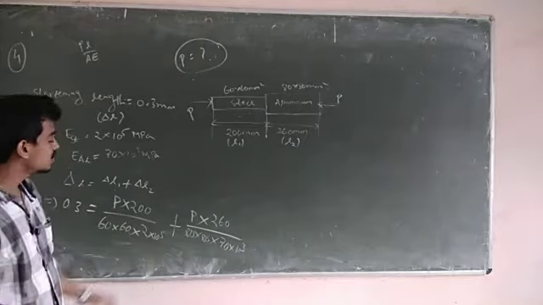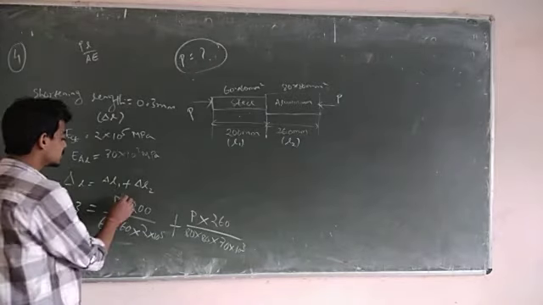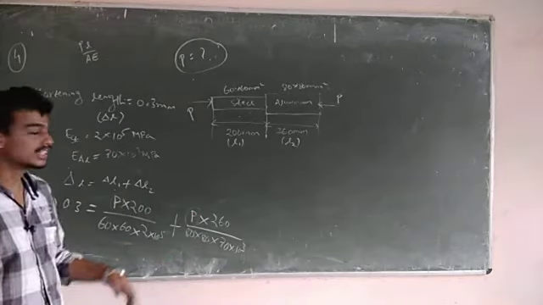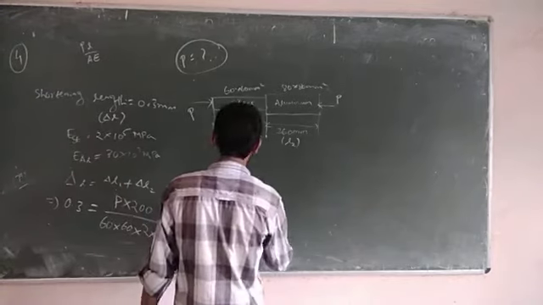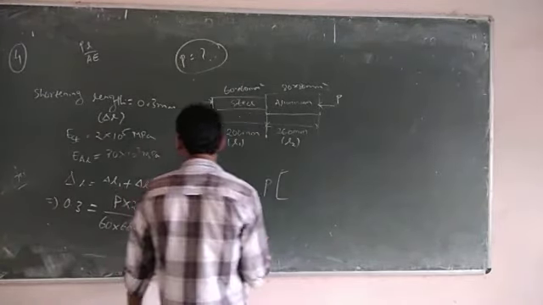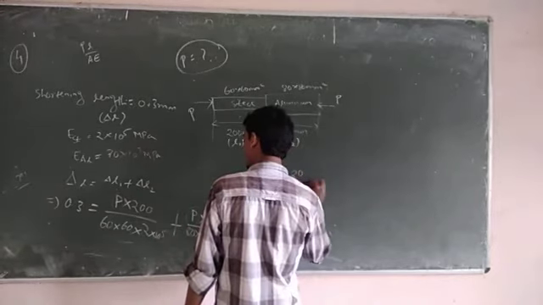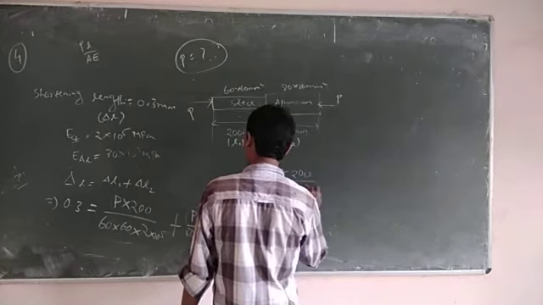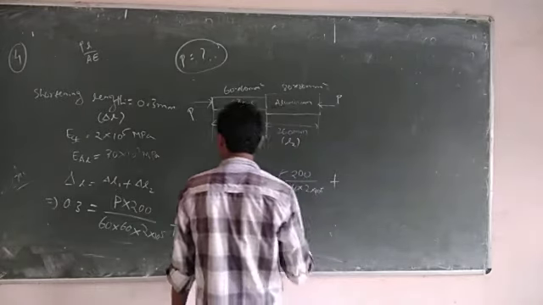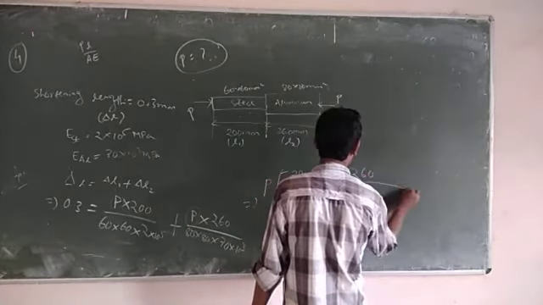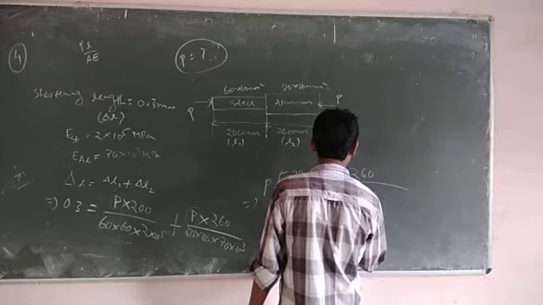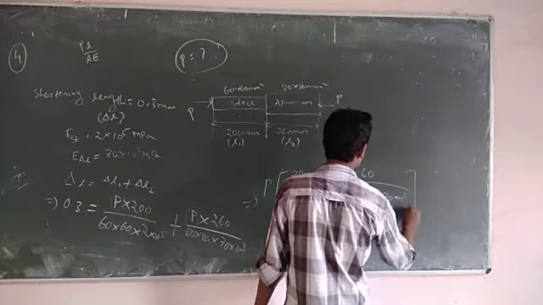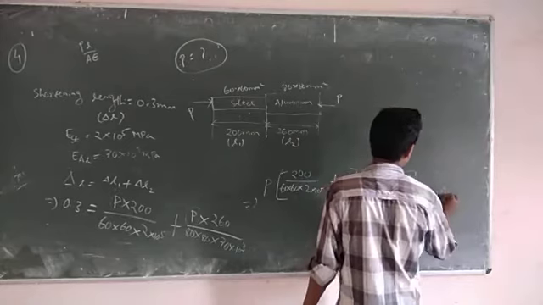Okay, now just solve. The only unknown in this equation is the P value. Take P common, so that will be P times the bracket of 200 by 60 into 60 into 2 into 10 to the power 5, plus 260 by 80 into 80 into 70 into 10 to the power 3, equal to 0.3.